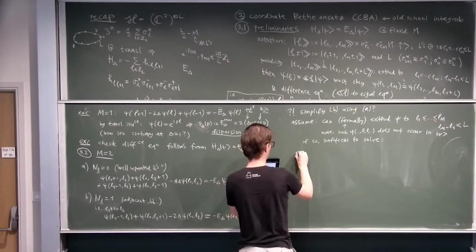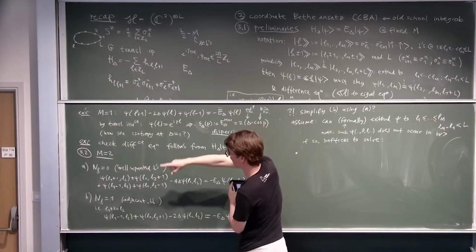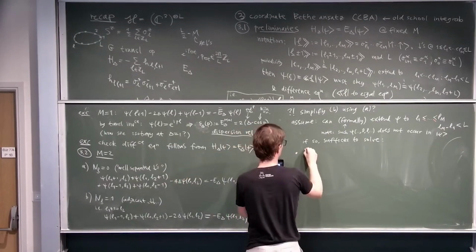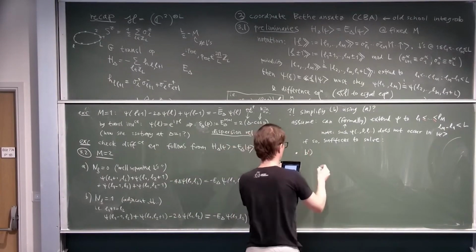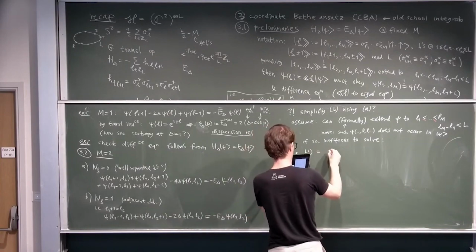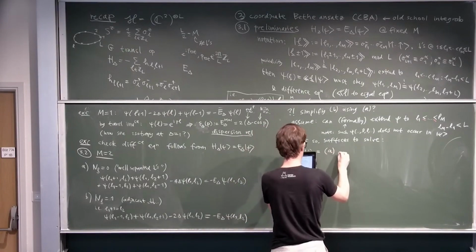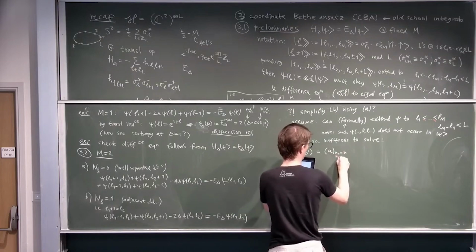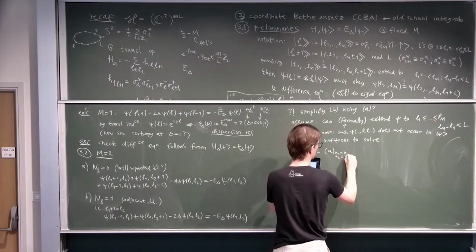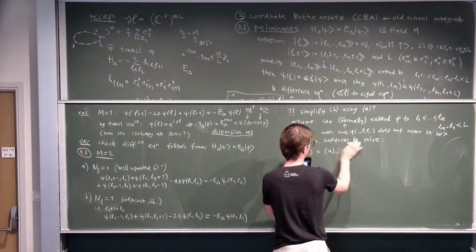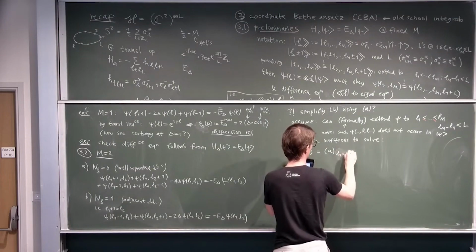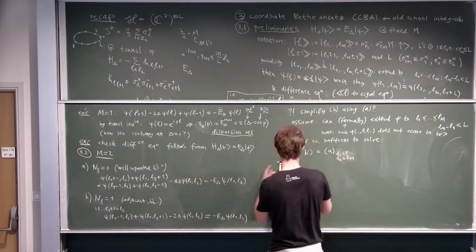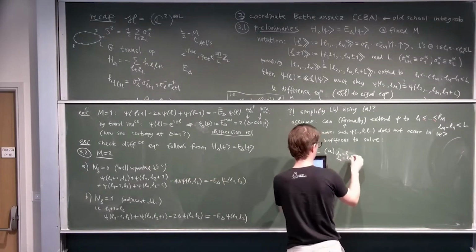Firstly, let me write, so I have equation A and B. Now let me define equation B prime, by which I will mean, I hope this is okay, equation A, which I now assume that I can solve for adjacent pairs. So L1 is L, and L2 is L plus 1. This was the case for which it was not valid, but now we assume that we can do it.